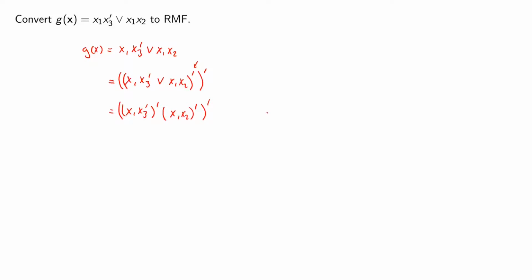And now we want to use the fact that a prime can be written as 1 plus a. So this will be equal to 1 plus x1 (1 plus x3), and then times (1 plus x1 x2).